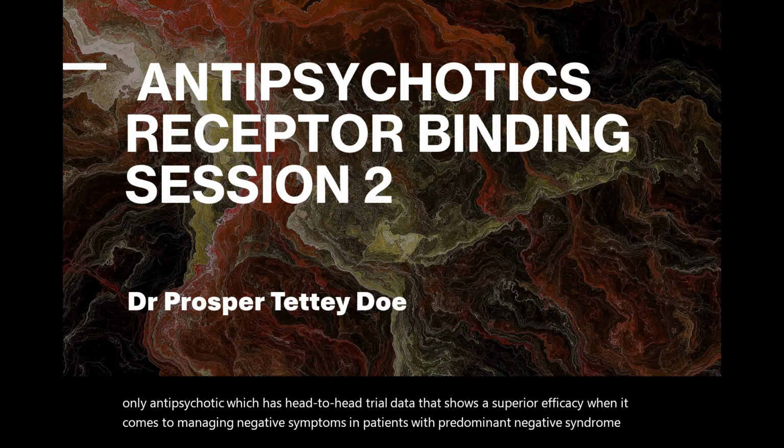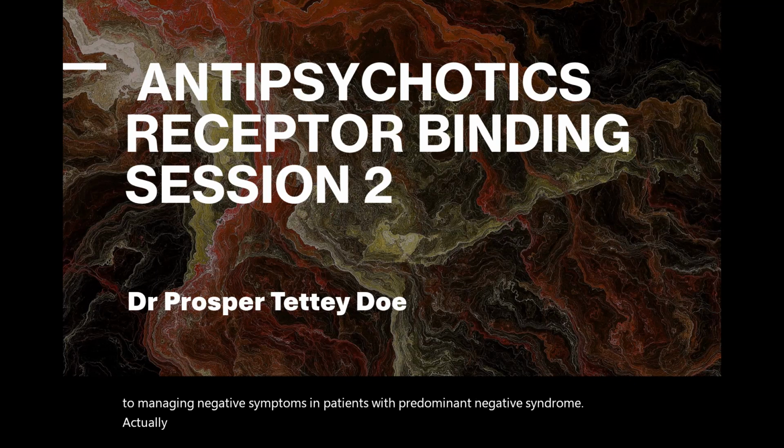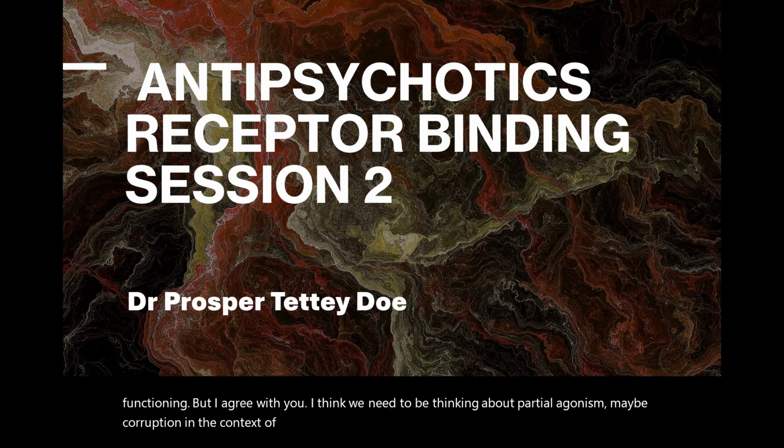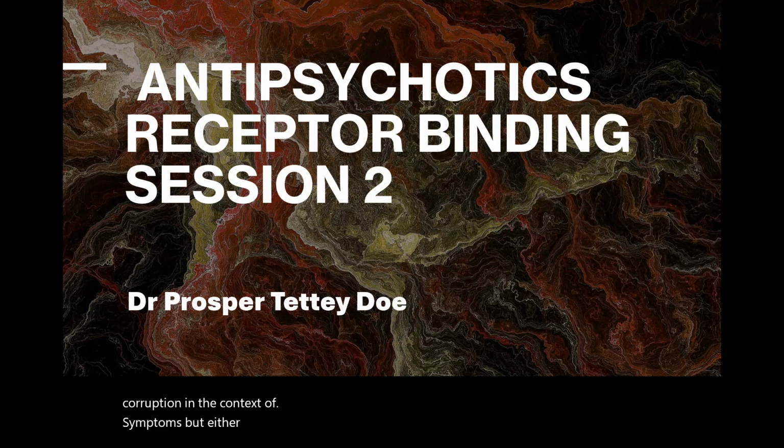And that was shown in a Lancet paper in 2017, published by Nemeth and colleagues. So not only improving the negative symptoms, but improving people. But I agree with you. I think we need to be thinking about partial agonism, maybe cariprazine in the context of negative symptoms, but either switching or augmentation is a reasonable option.